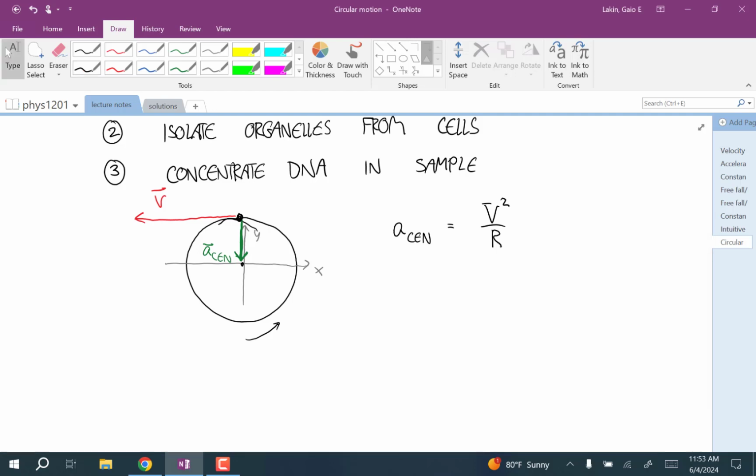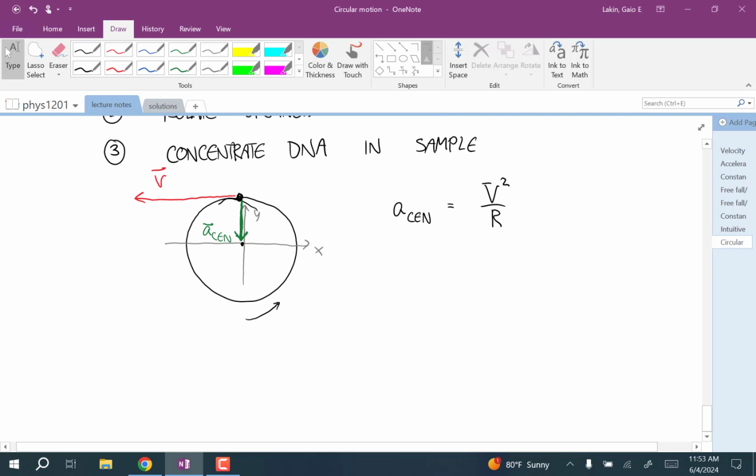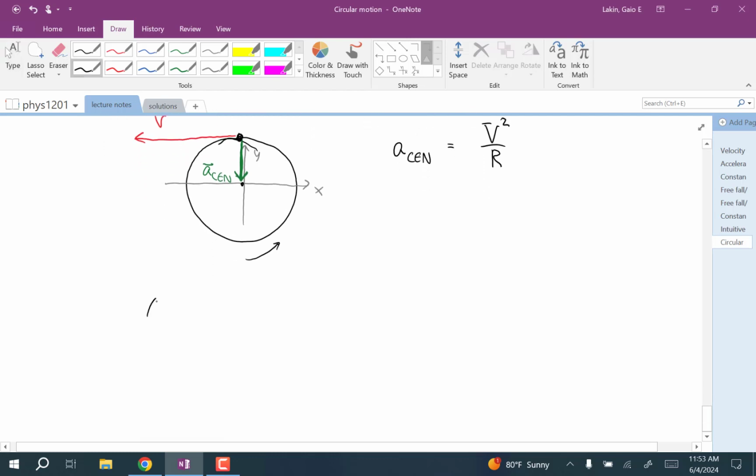Accelerations with centrifuges are given, so instead of just giving the accelerations in meters per second squared, they're given as a relative acceleration.